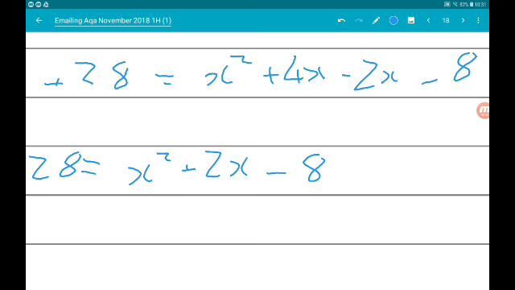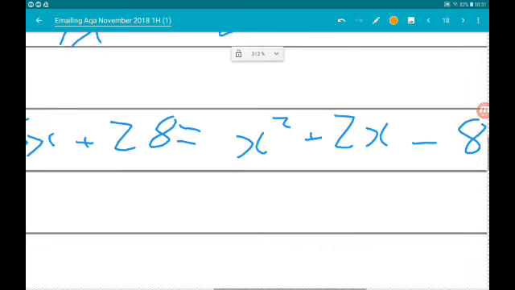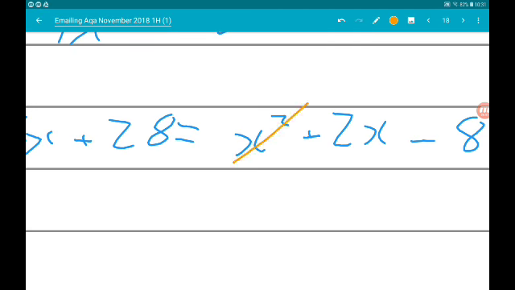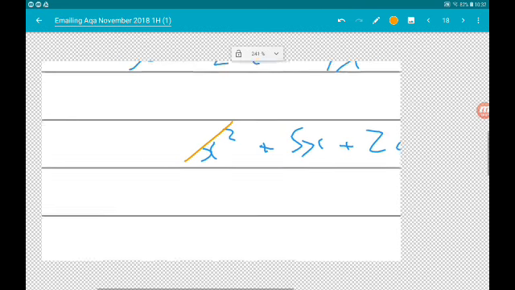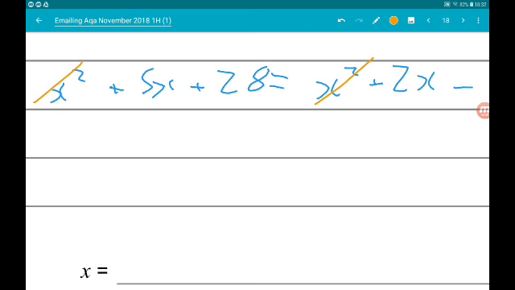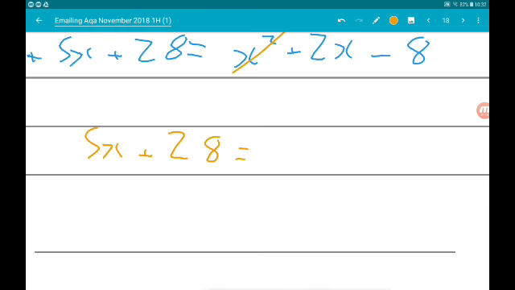Okay, so now we want to solve this for x. Quite nicely, we have an x squared on both sides, so they cancel out. So then we got 5x add 28 is equal to 2x minus 8.